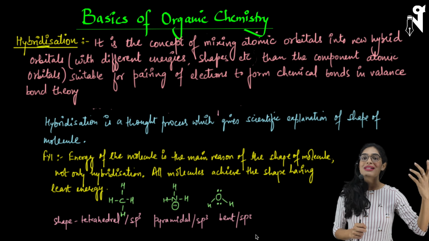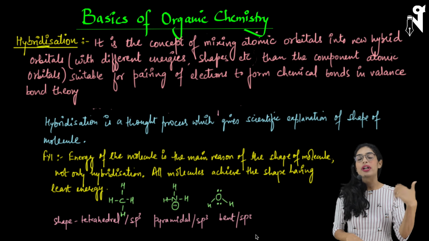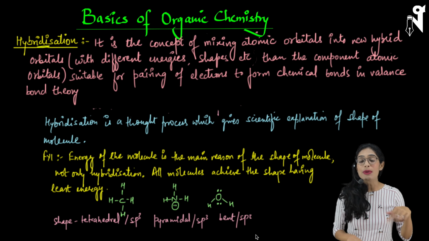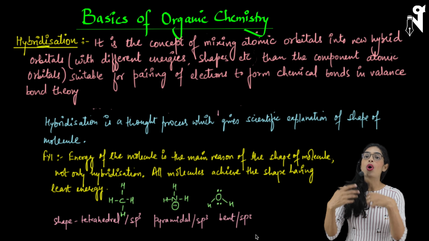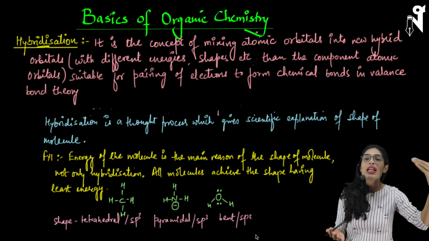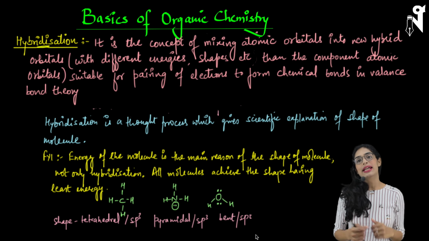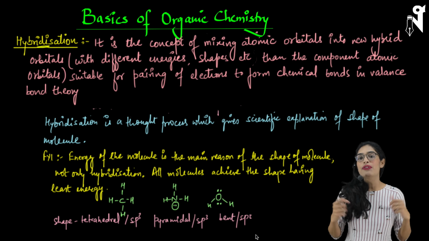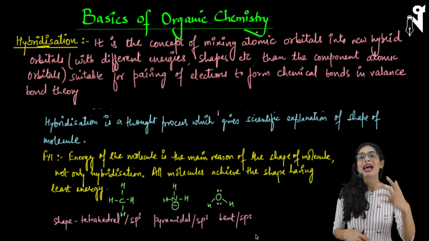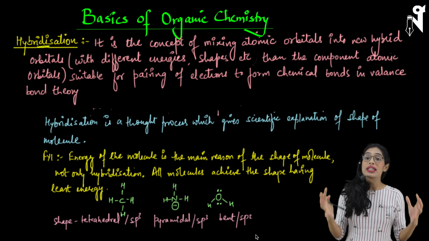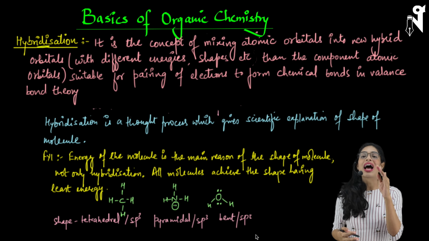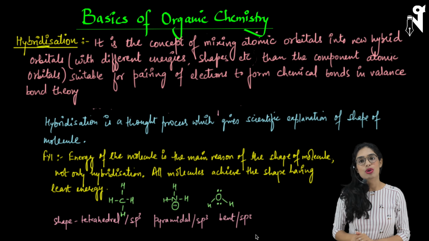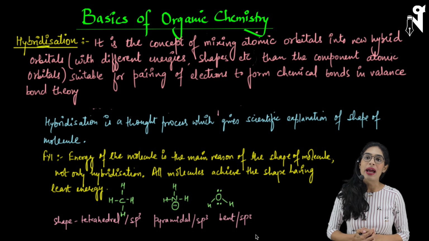Like, if I talk about s, it is spherical, p is dumbbell shaped, but if you talk about sp3, the shape would be different. Sp3 orbitals will have a different shape as compared to individually p or individually s, as well as different energies. s has a different energy, p has a different energy, but when these combine to form the new hybrid orbitals, all those orbitals will have the same energy and same shape. So this exactly is hybridization.